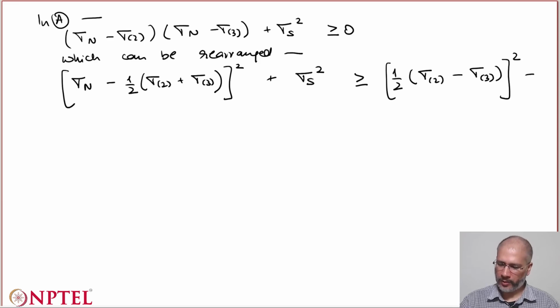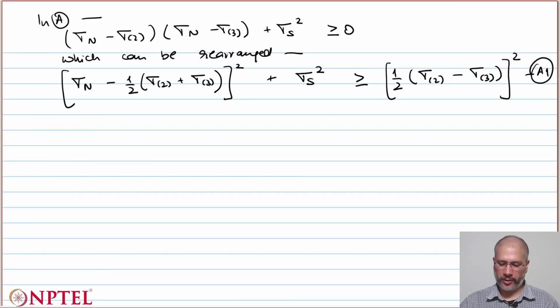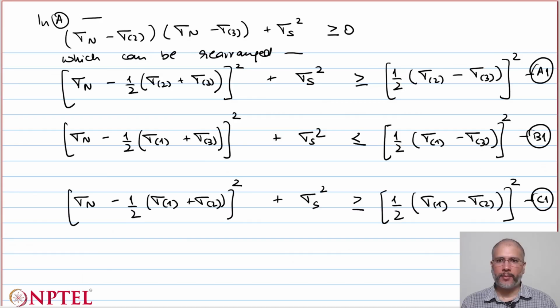And this equation we'll call A1 because this is obtained from equation A. We'll also write the equations corresponding to equations B and C. So these are the three equations, which is equation A1, B1 and C1.